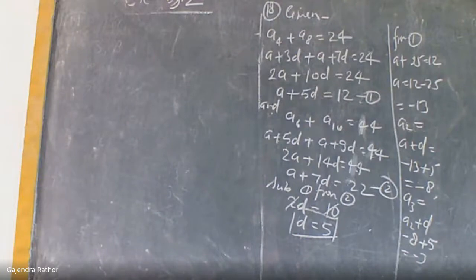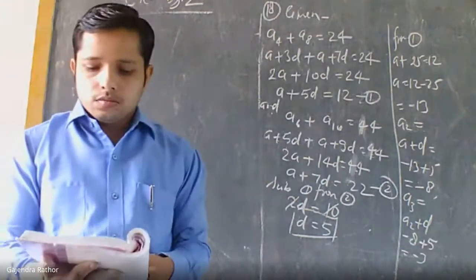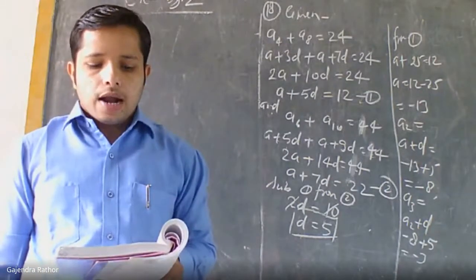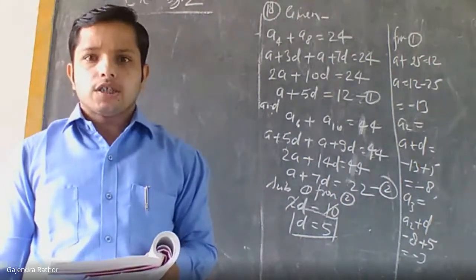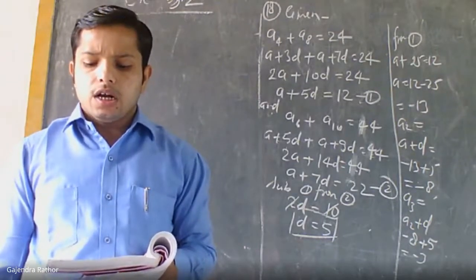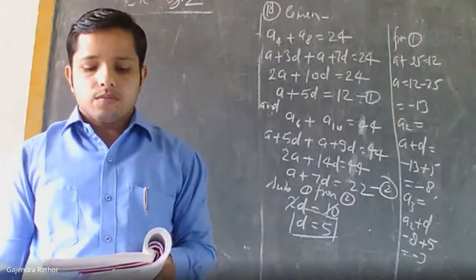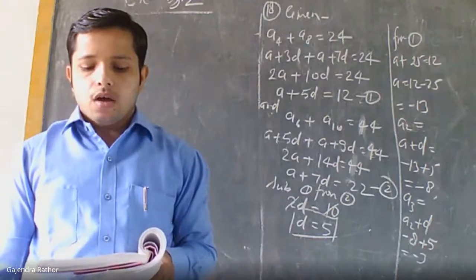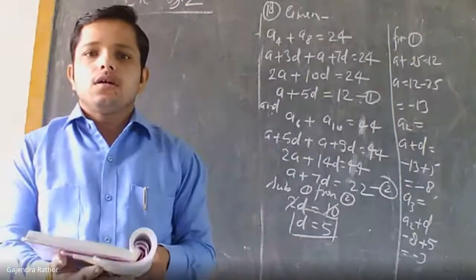So let's continue. Question number 20. Ramkali saved rupees 5 in the first week of a year and then increased her weekly savings by rupees 1.75. If in the nth week her weekly saving becomes rupees 20.75, find n.